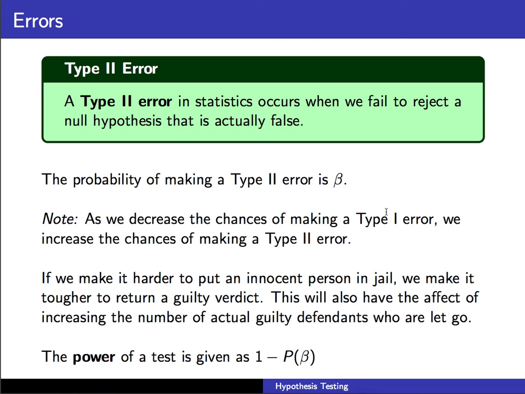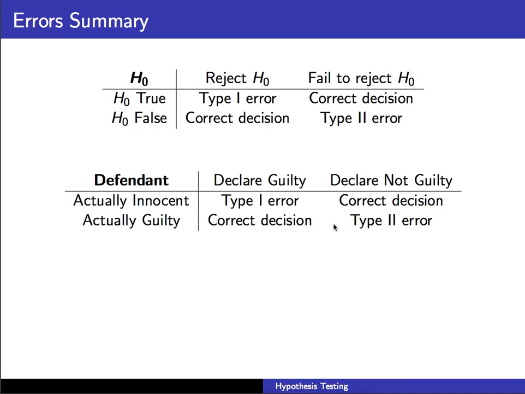So we can set this to be low, and then if we take big enough samples, it'll offset the type 2 error chance of happening, which will lessen it. Going back to the idea that the more representative of your population the sample is, and the bigger the sample size, the better your information is going to be. So it goes all the way back to our very first section in the beginning of the course.